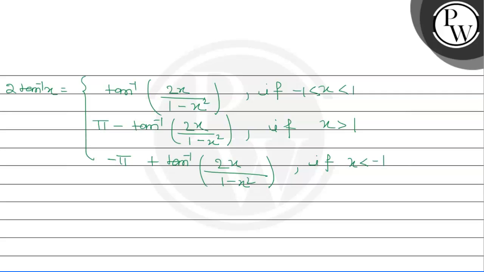And now we have given alpha and beta. So if we find the value of alpha, then alpha is equal to 2 tan inverse 1 upon 2 plus sine inverse 3 upon 5.